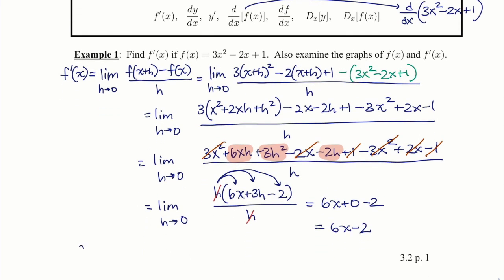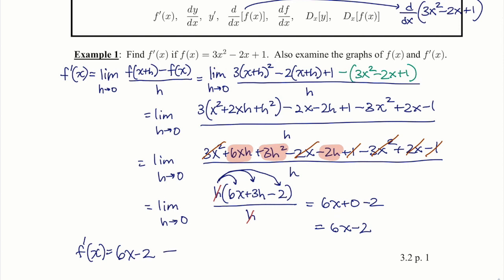So the derivative for this function is another function, 6x minus 2. So that means at any x value, if I want to know the slope of the tangent line, I can plug that x value into this new function, the derivative function, and find the slope using that function.